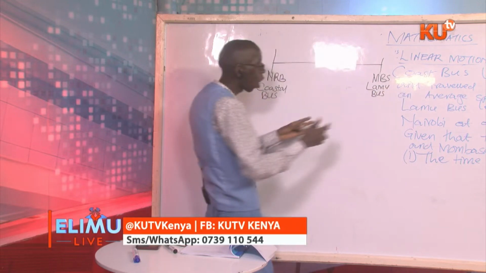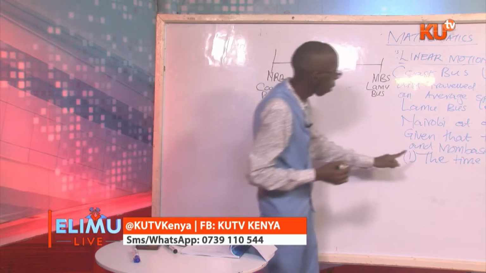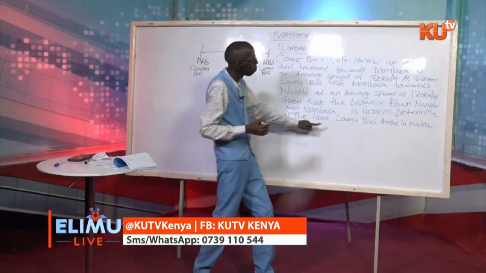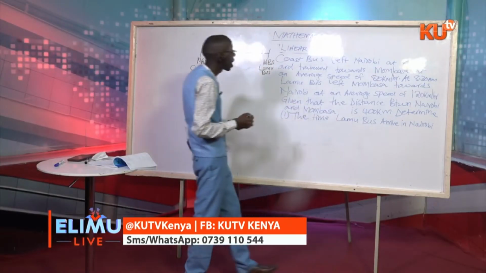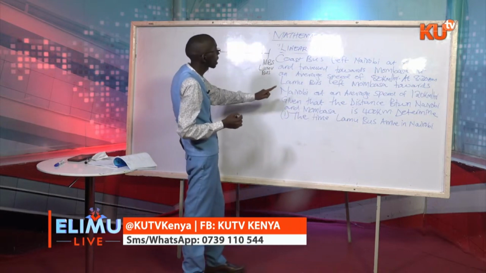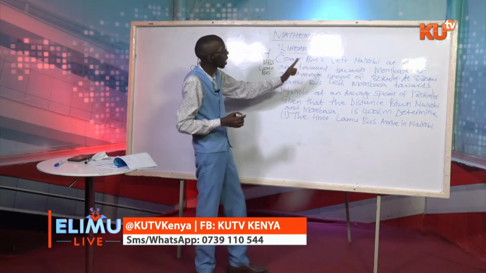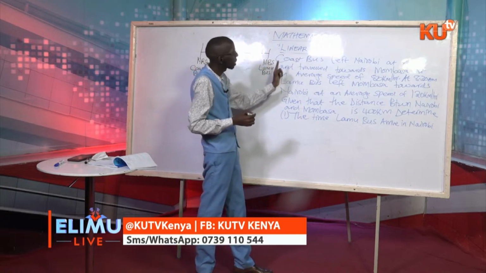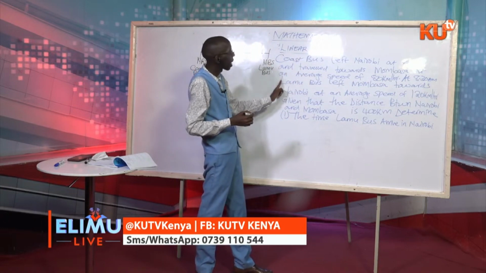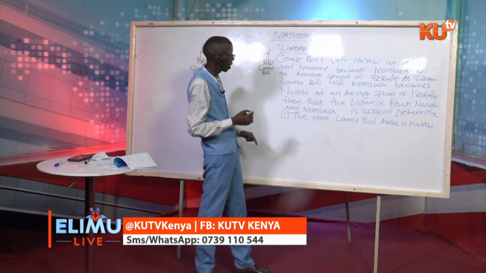Before we proceed to all other statements, let us check our question: the time the Lamu bus arrived in Nairobi. You're told that the coastal bus left Nairobi at 8 a.m. and traveled towards Mombasa at an average speed of 80 kilometers per hour.